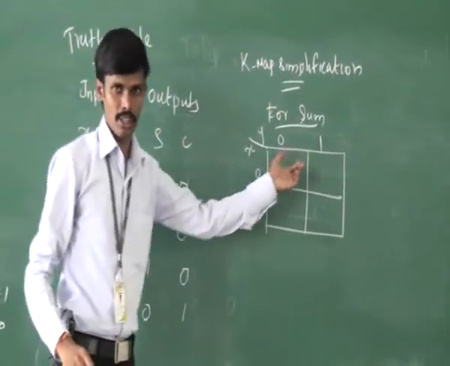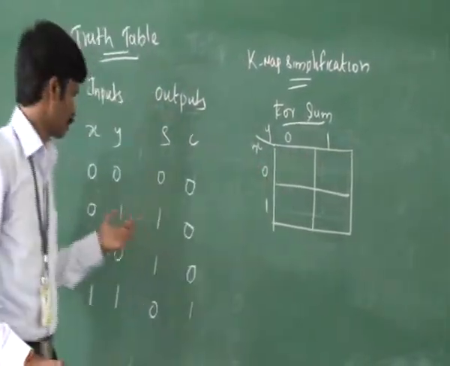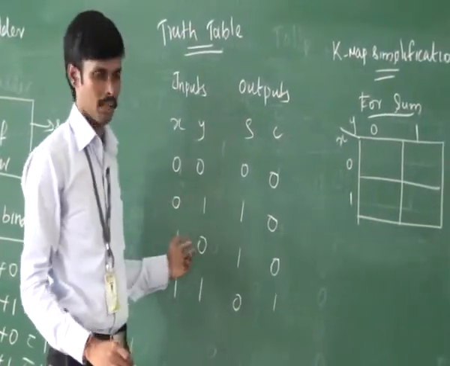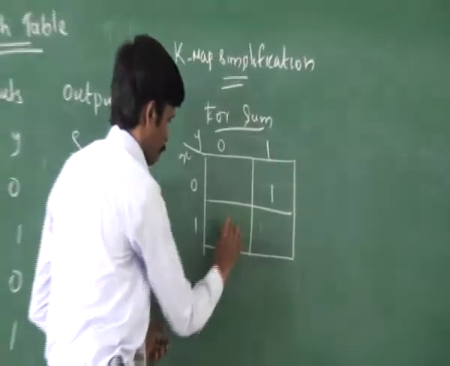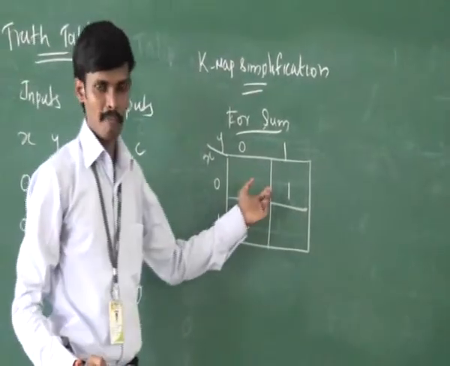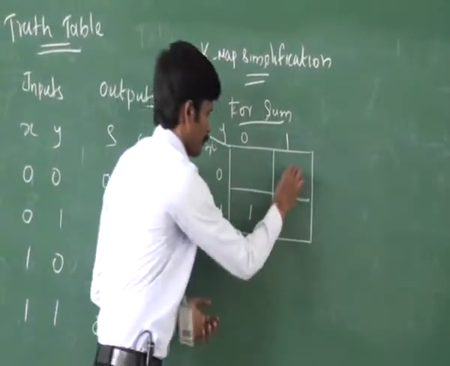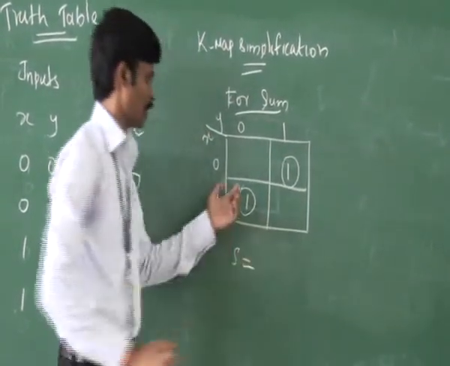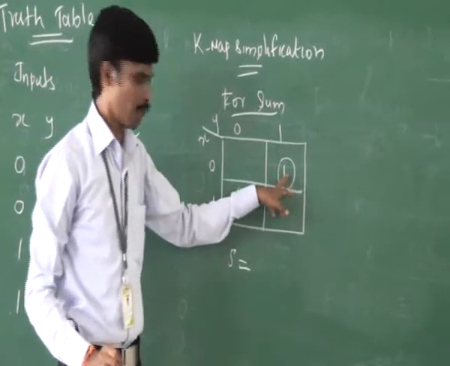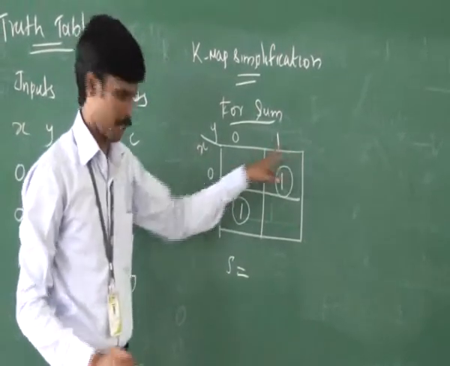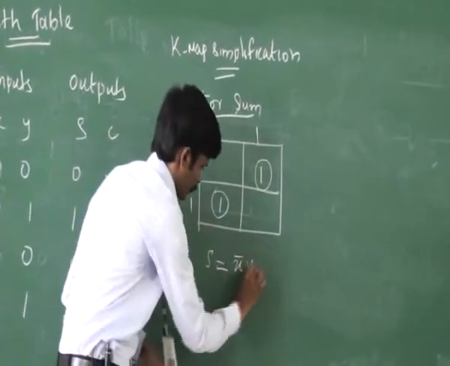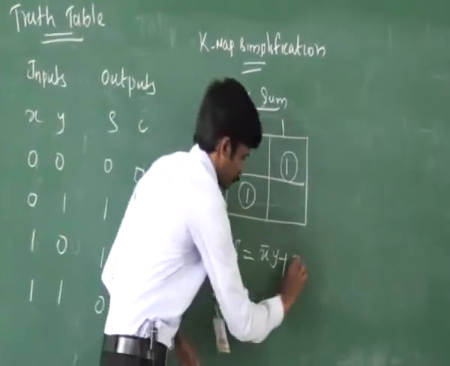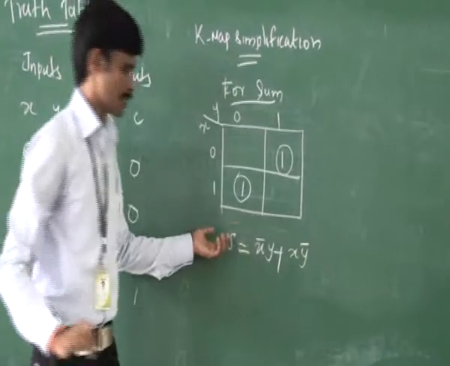Here it consists of 4 squares, each square representing one minterm. Here the sum will be high when the inputs are 0 1 and 1 0. In this K map we have two isolated ones. Then the sum expression will be: this one represents x bar y, then this one represents x y bar. This is the sum expression.